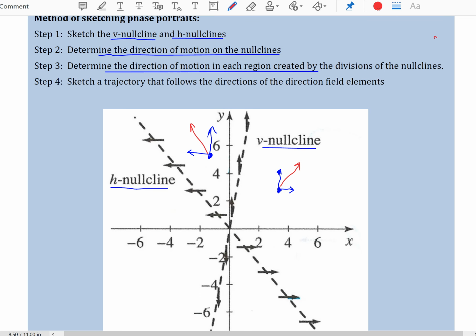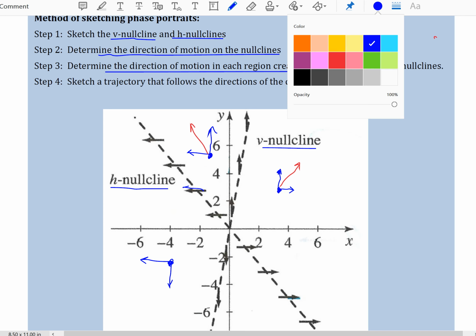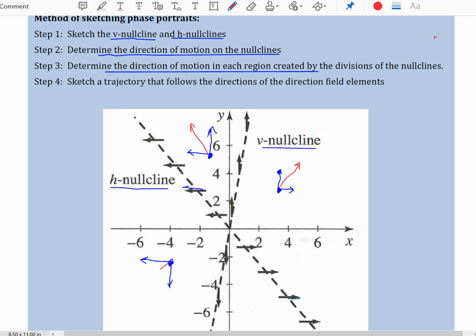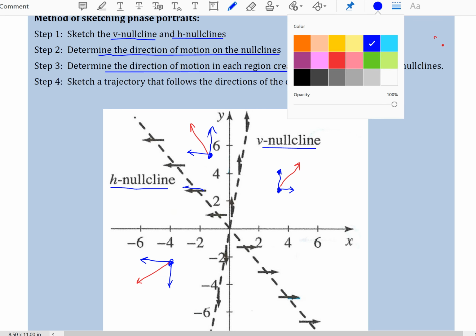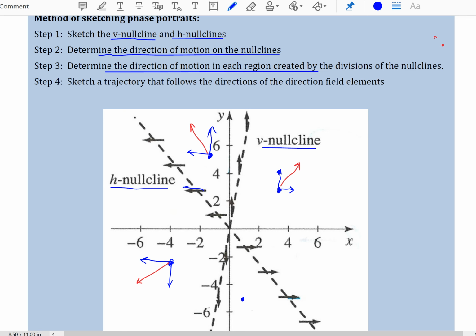Let's continue this for the last two regions. In this region, if you're agreeing with this null line, you have to be moving to the left. This vertical null line says you're moving down. And in general, solutions in this region will be moving down and to the left. Lastly, if you picked an initial condition someplace in this region, you'd have to be moving down and to the right.